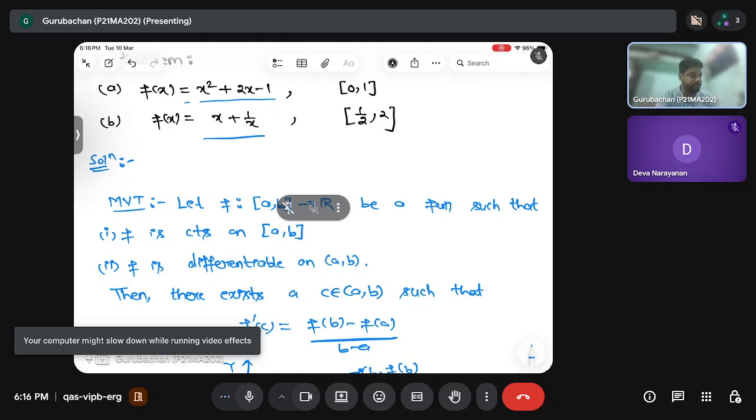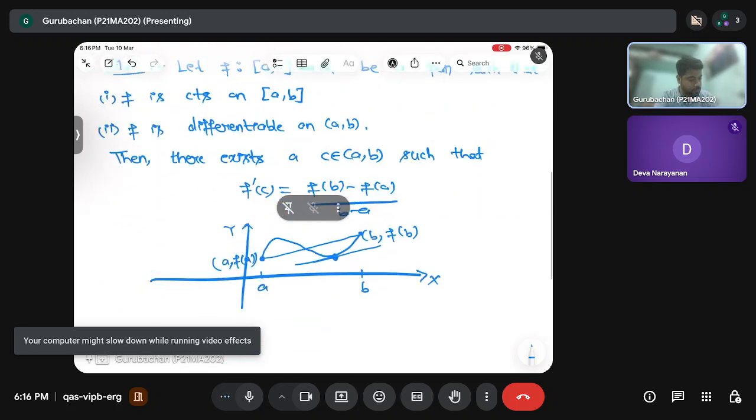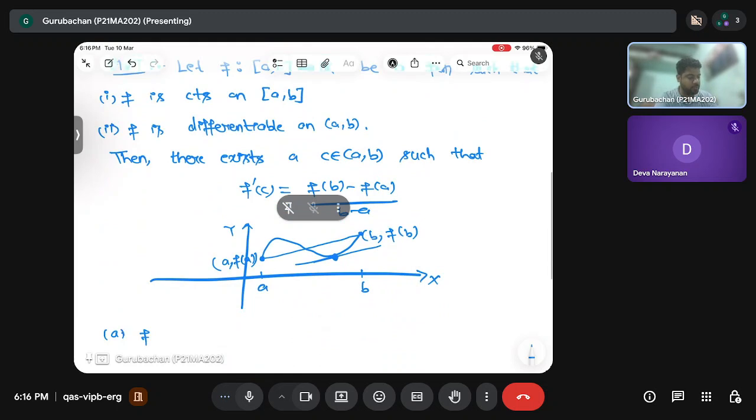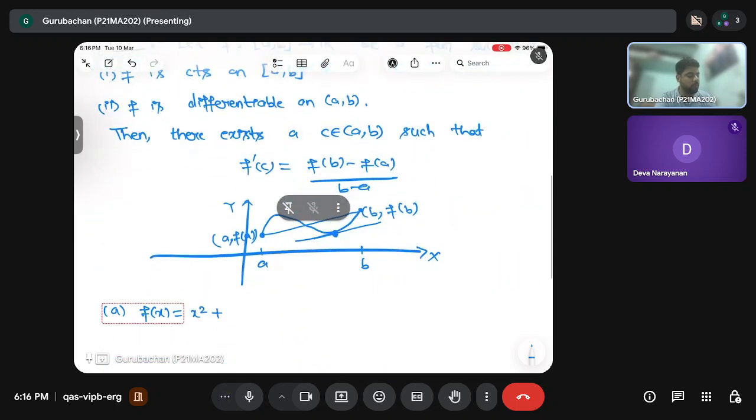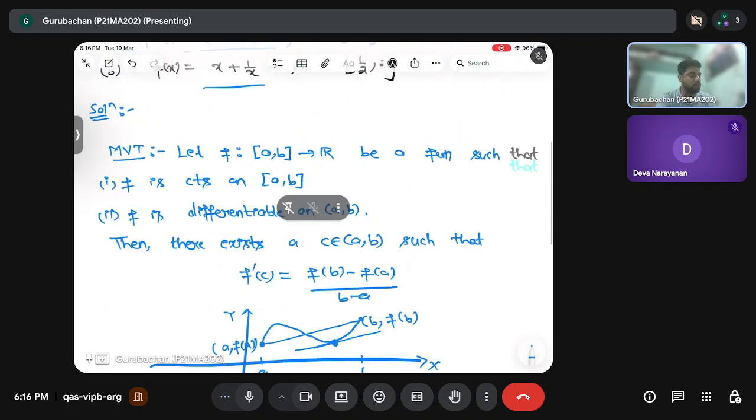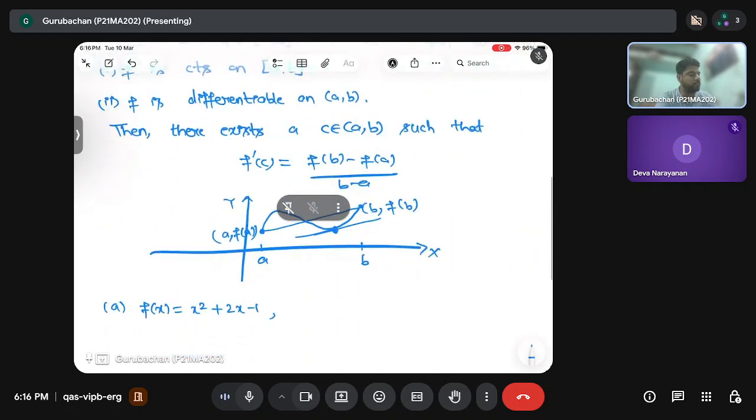So let us start. f of x is x square plus 2x minus 1, and the interval is 0 1.